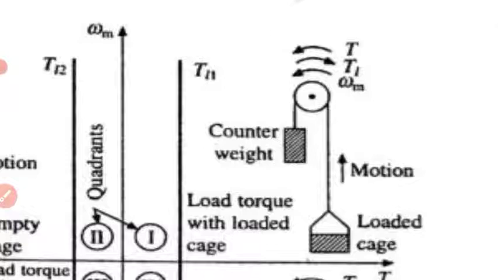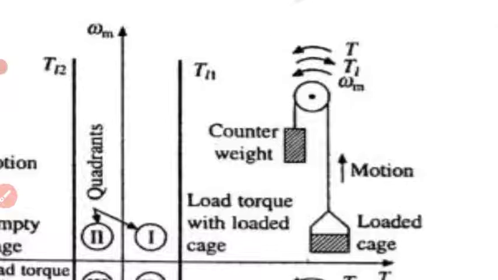I repeat, the motor torque direction is anti-clockwise and the load torque is in the clockwise direction, so they are in opposite directions. Whereas the power developed by the motor is positive, because the speed is anti-clockwise and the torque is also anti-clockwise. This notation is very important to analyze the other quadrant diagrams. I hope it is clear. Let us analyze the other quadrants.